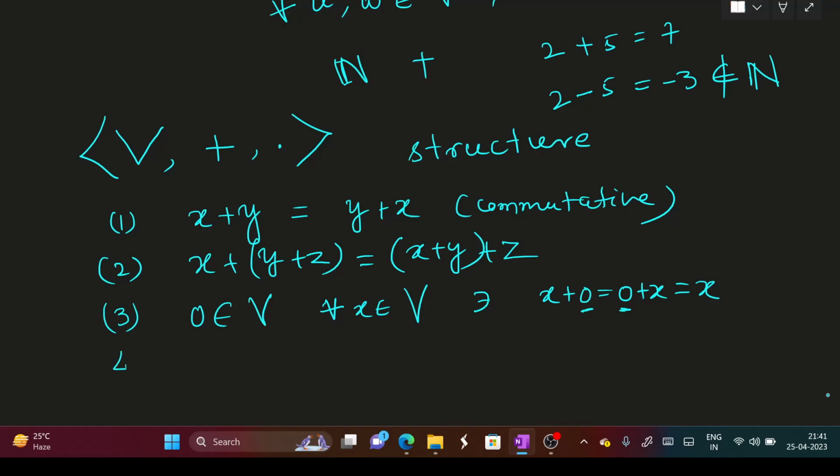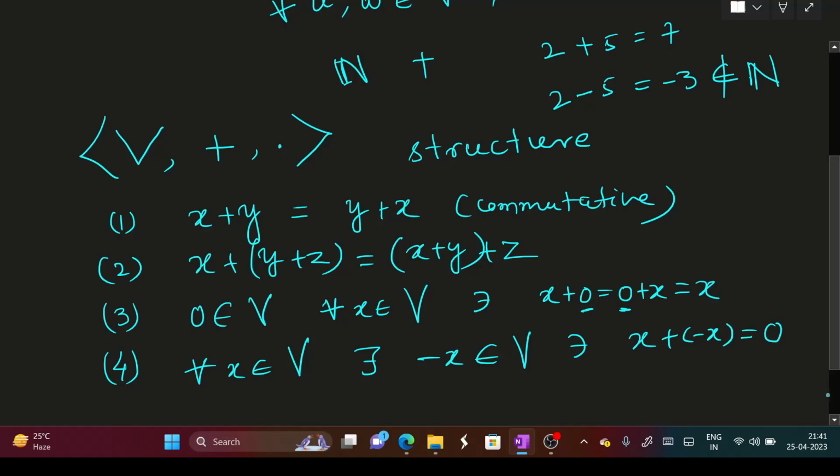Then 4, additive inverse. For all x belonging to V, there exists minus x belonging to V such that x plus minus x is equal to 0. So this is the additive inverse.